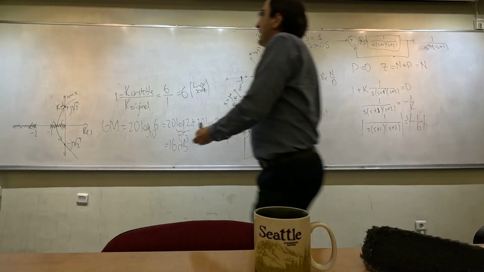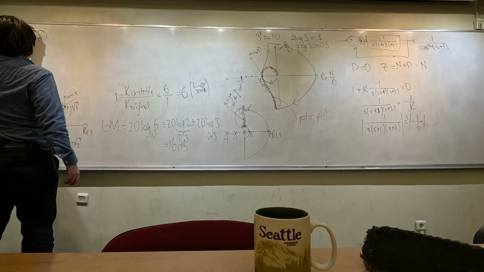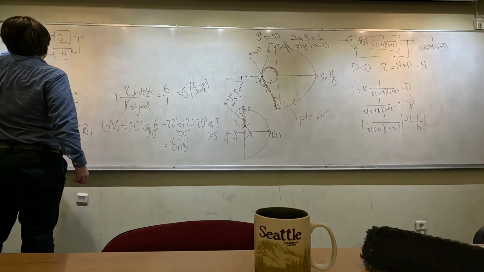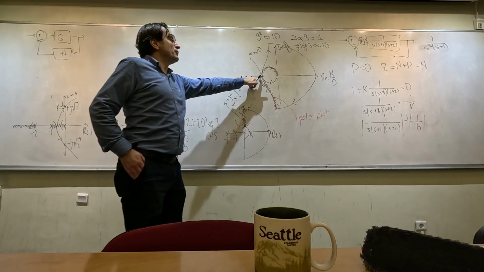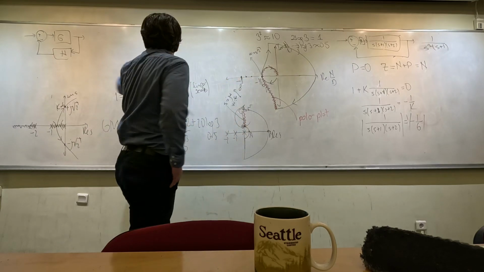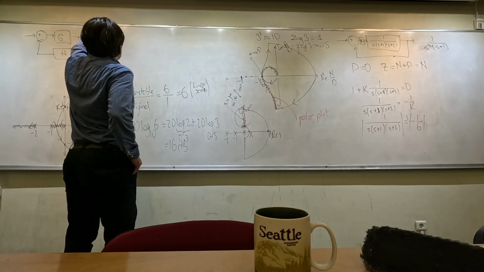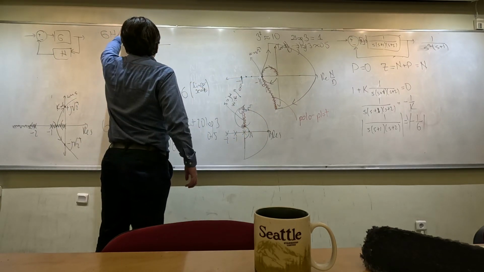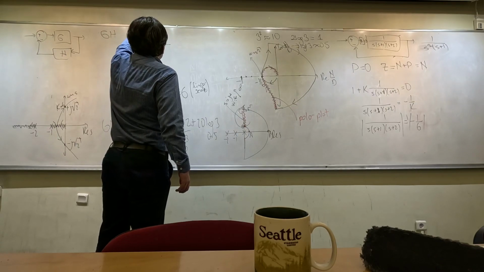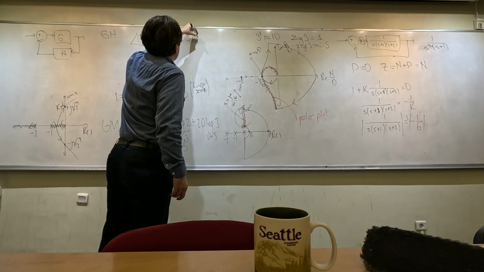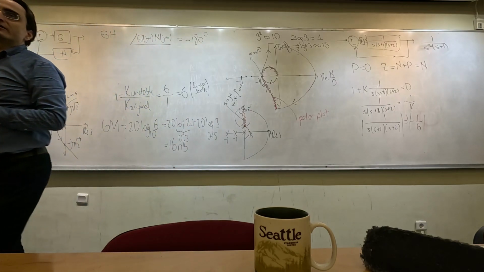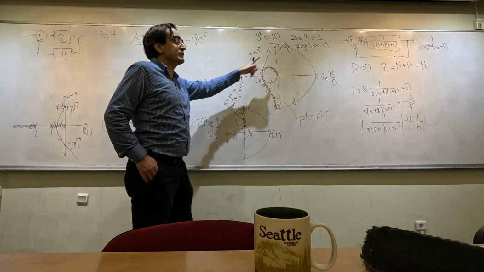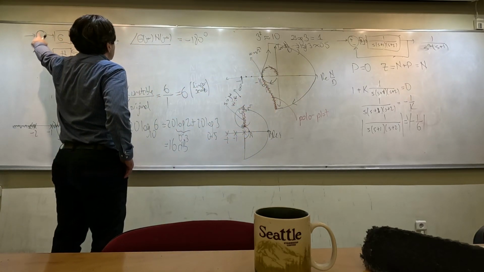So when I have a system given like this, with G here and H here, and I would like to find when the Nyquist plot of such a system, GH, intersects the negative real axis, then what I try to solve is the following: G of j omega, H of j omega, equated to minus 180 degrees. This is the frequency response of the open loop system.